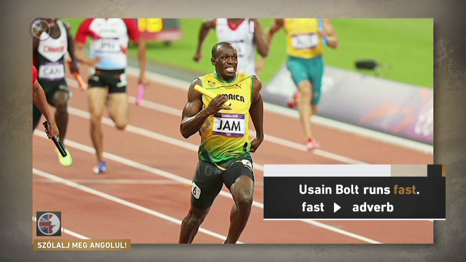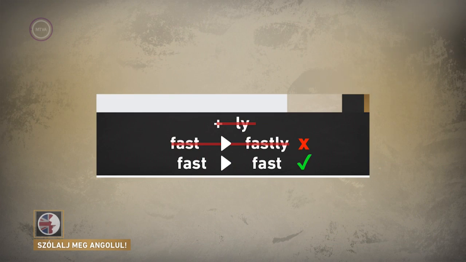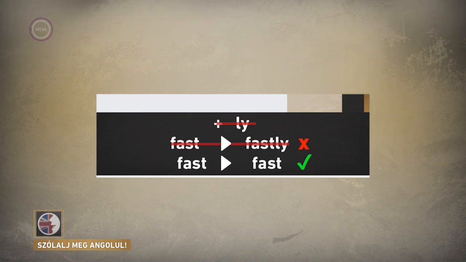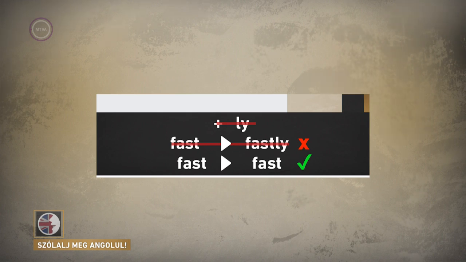And what do we notice about the form of the adverb? That's right, it doesn't change. We don't add ly to the end of the adjective. The adverb from the adjective fast is not fastly. The adverb doesn't change spelling at all. The adjective is fast and the adverb is also fast.